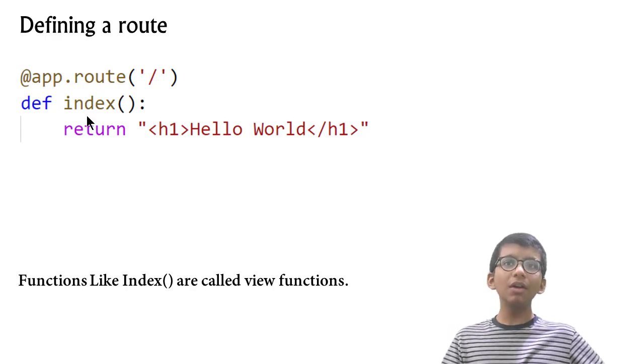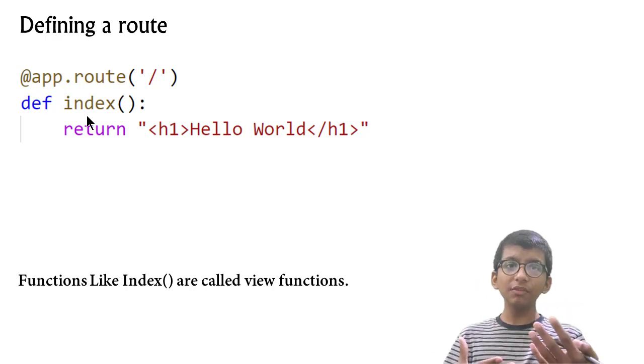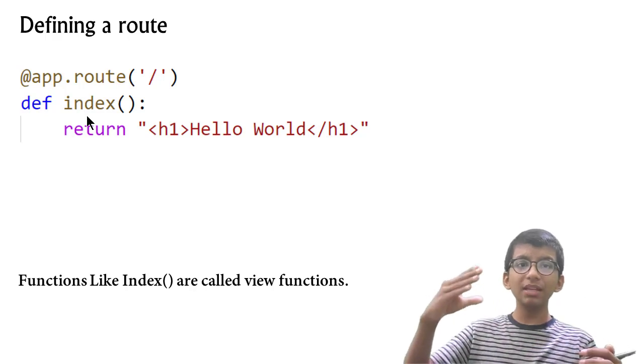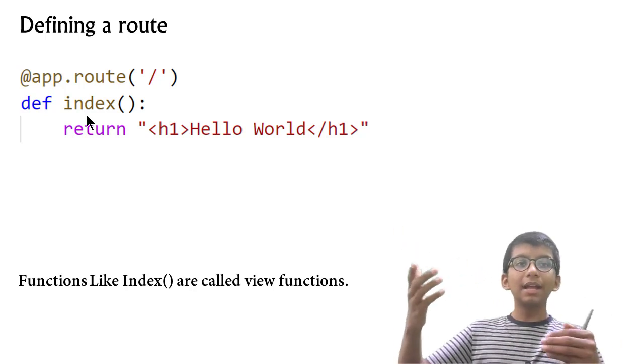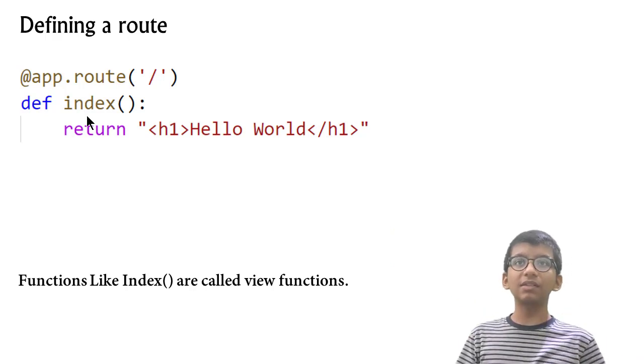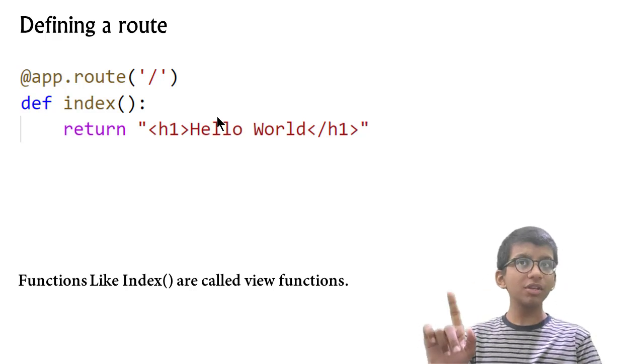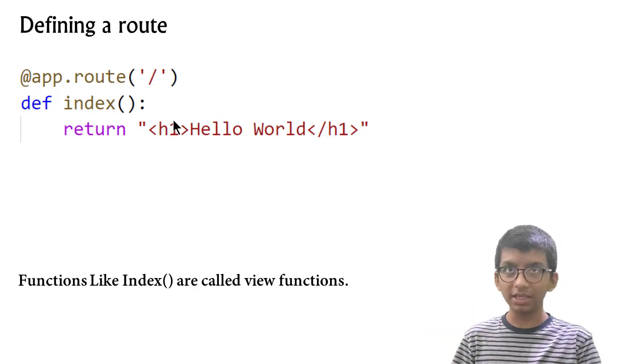Okay, and what happens when the server passes the request to the application through the protocol? It would trigger this index function, because index is the first function defined.